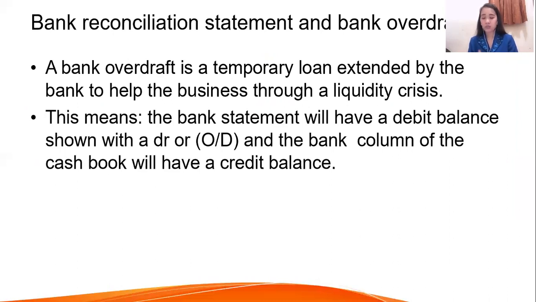The bank column of the cash book will have a credit balance. Bank overdraft is a facility given to the business, so we can have a debit balance on our bank statement and a credit balance on our cash book. It means we don't have any money, but instead we have a loan.